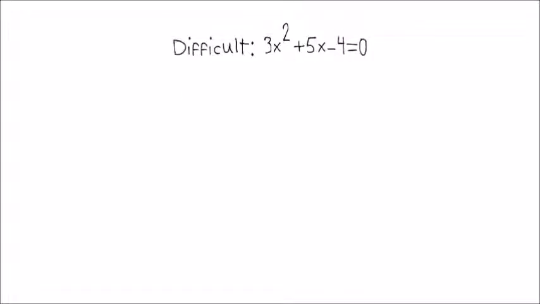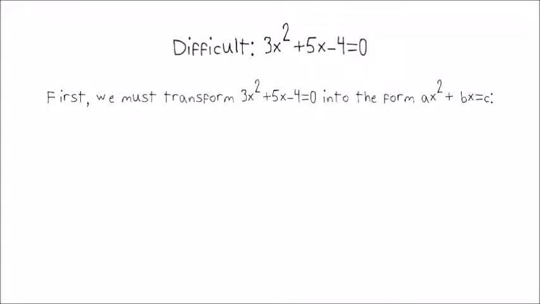Now for a difficult problem, which is 3x squared plus 5x minus 4 equals 0. First, we must transform 3x squared plus 5x minus 4 equals 0 into the form ax squared plus bx equals c. Again, transposing -4, our c, to the other side of the equation and changing signs, it becomes 3x squared plus 5x equals 4.